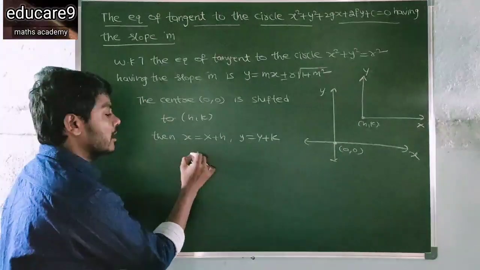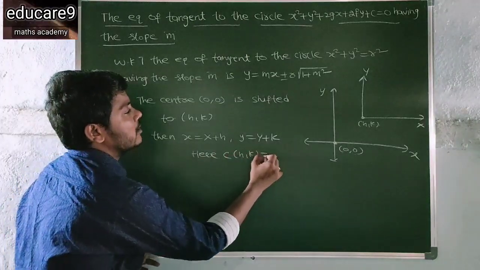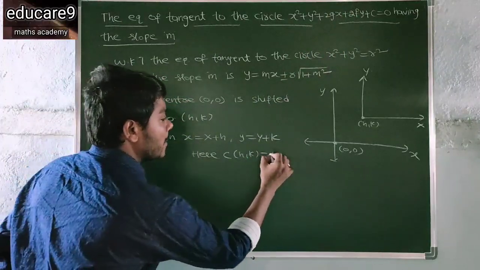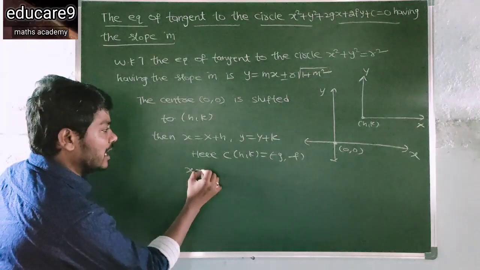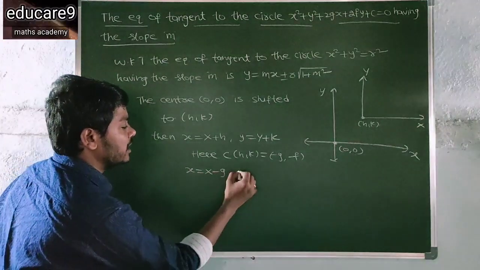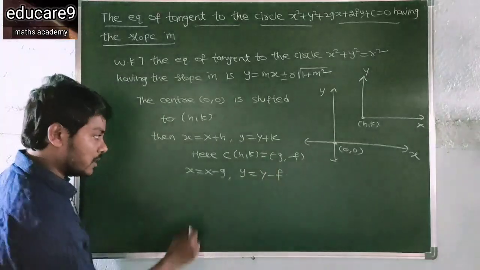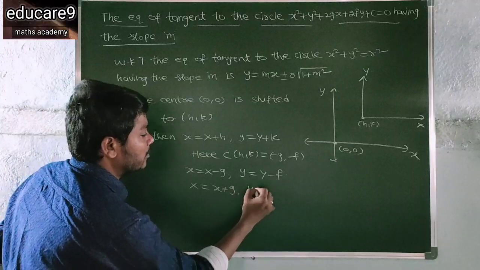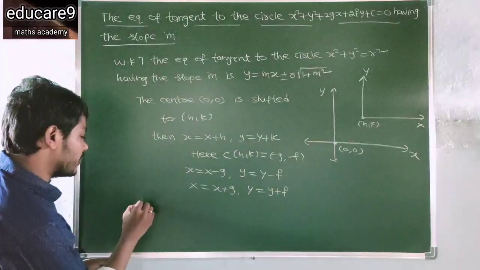But here the center h comma k is what? The center of the circle, minus g comma minus f. Now substitute here, small x is equal to capital X minus g, small y is equal to capital Y minus f. So therefore capital X is equal to what? x plus g, capital Y is equal to what? y plus f.